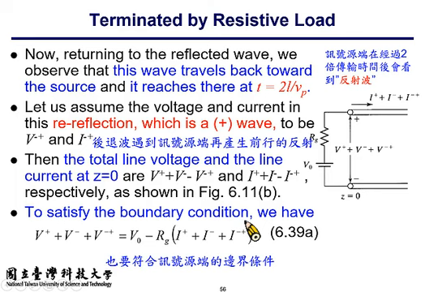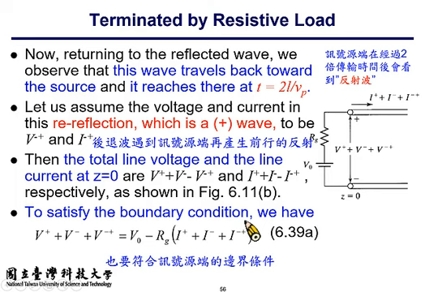So you will set up another reflected signal, labeled as V minus plus and I minus plus, providing that there is another impedance mismatch between the characteristic impedance of the transmission line and the internal resistance of the generator. So if RG does not equal Z sub 0, it will set up another reflected signal, that is V minus plus, I minus plus.